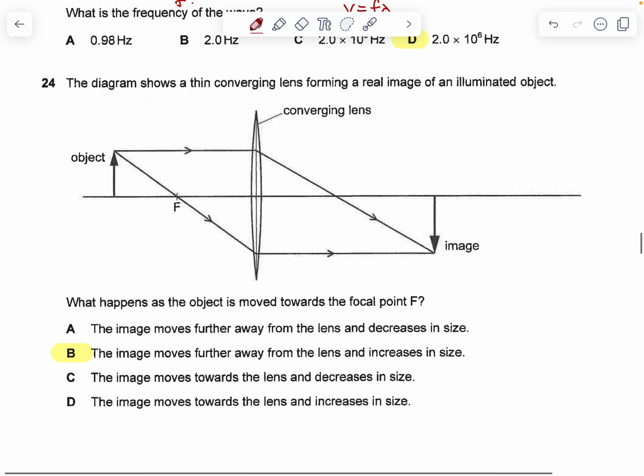Question 24. The diagram shows a thin converging lens forming a real image of an illuminated object. So what happens when the object is moved towards the focal point F? Remember that this object is actually in between F and 2F. So when the object moves closer, you can actually draw it out. You have the same line.